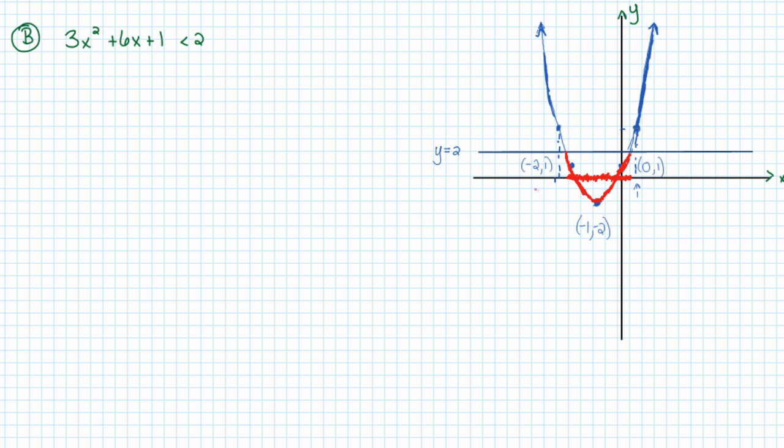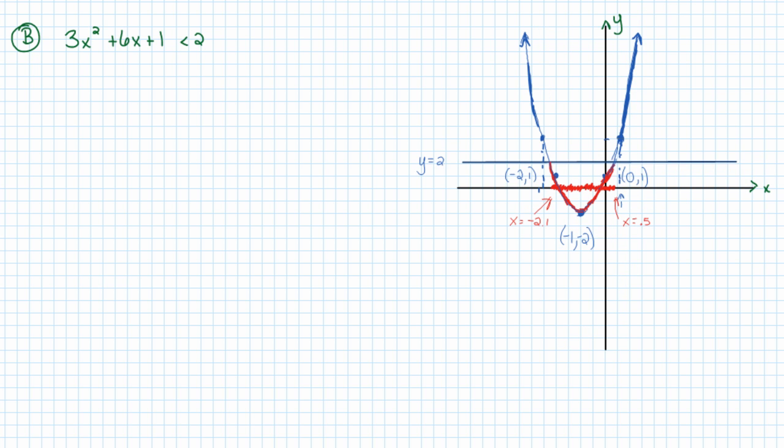Just eyeballing it, I'm probably going to say that this is x equals, I don't know, let's see if that's negative. It's probably about a negative 2.1. And here, this is probably x equals about 0.5 or something like that.